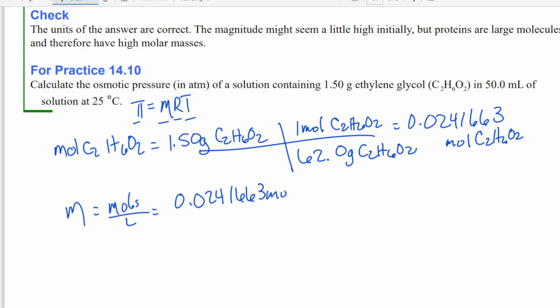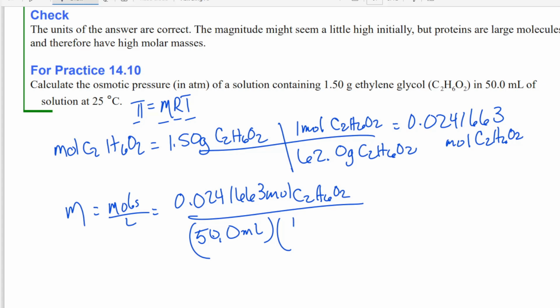Next, molarity is equal to moles per liter, so that's equal to 0.0241663 moles of C2H6O2 per 50 milliliters, and we can just convert that in the denominator. 1 liter is 1,000 milliliters.